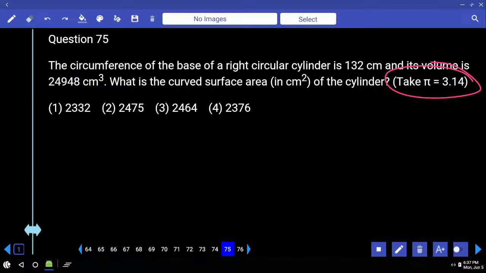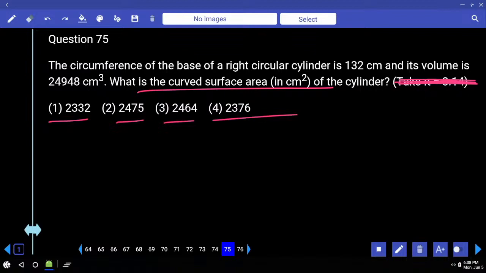He directly considered pi as 22/7 only. If you consider 3.14, we will not get any answer here. So let us consider pi is equal to 22/7 only. Obviously, for the curved surface area, the answer must be a multiple of 11.